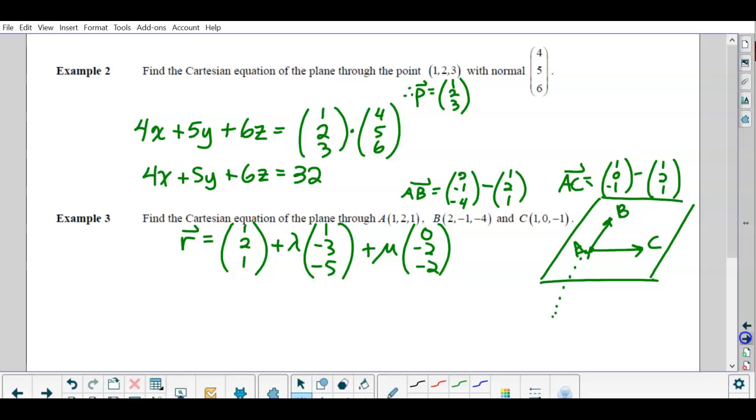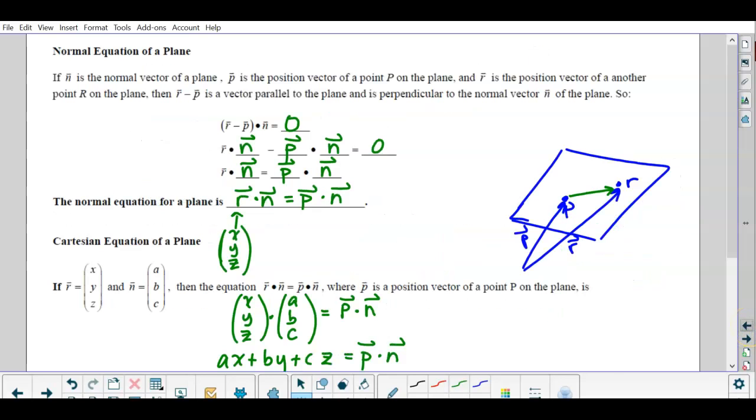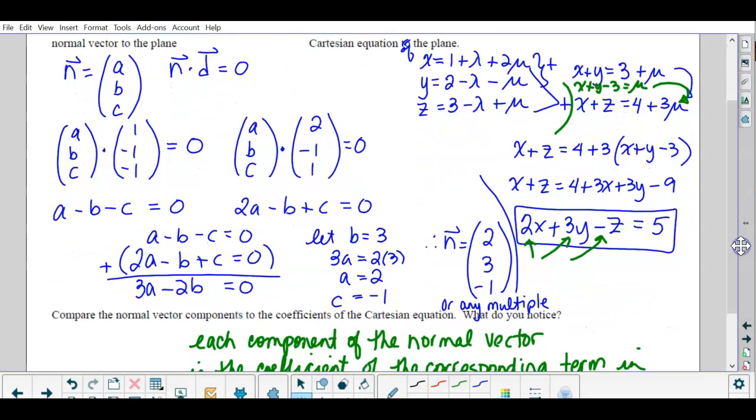When we looked back at calculating the normal vector, you could call your normal vector (a, b, c), then find the dot product of AB with (a, b, c) and the dot product of AC with (a, b, c), and solve that system, like we did here.